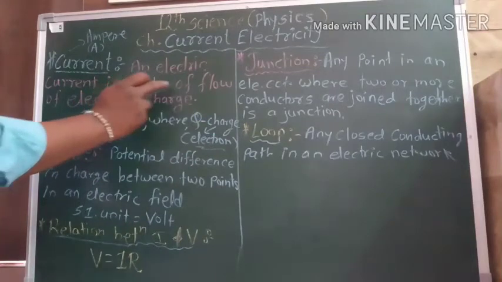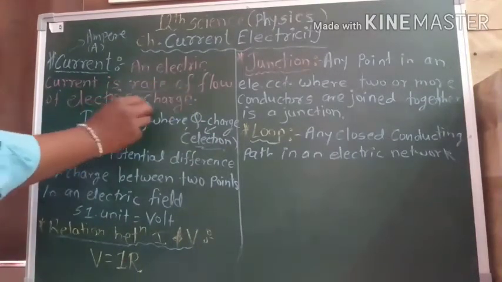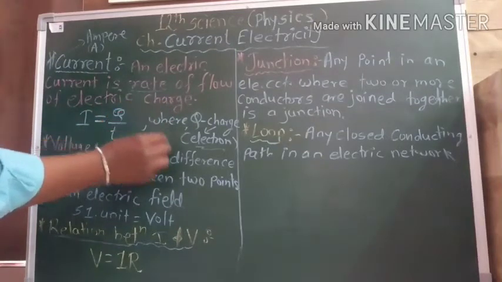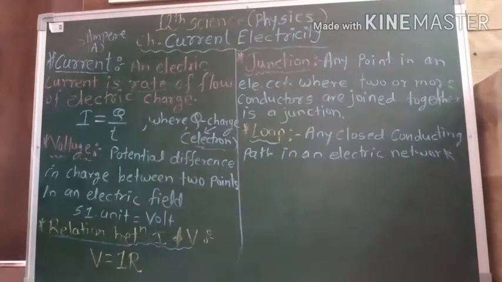In the definition, rate of flow of electric charges, but which charges? Electrons. These are the charges flowing through the current.